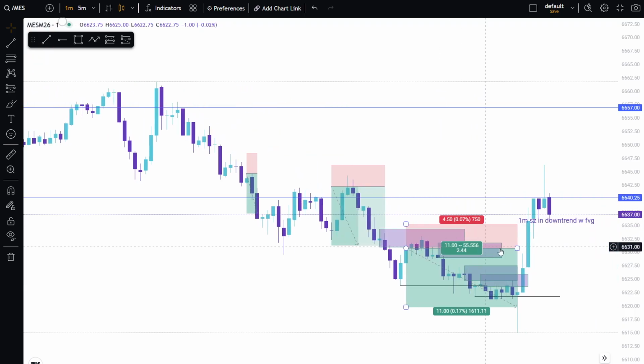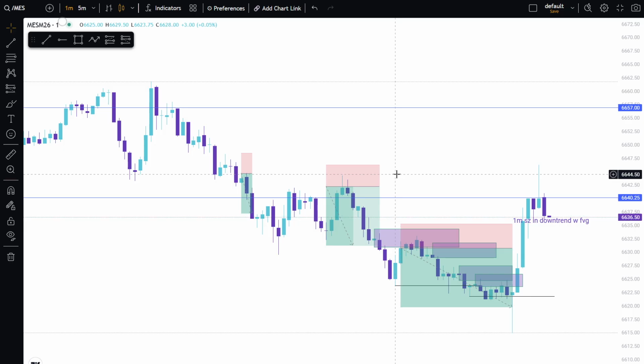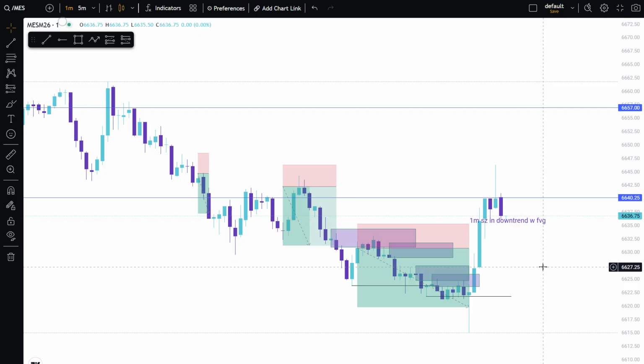That's how you can use price action to avoid potential losing setups, increase your win rate and make things really simple, because you don't have to know a lot of other concepts. It's just short supply in a downtrend, and long demand in an uptrend.